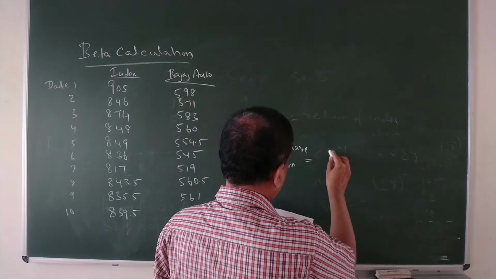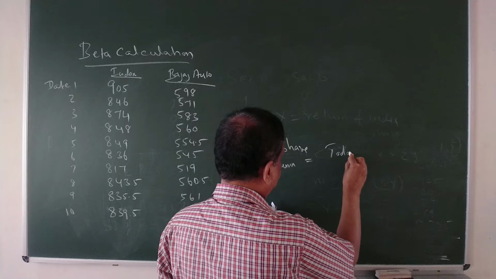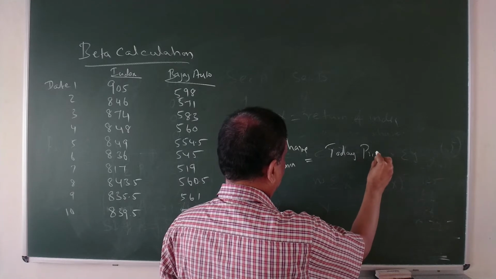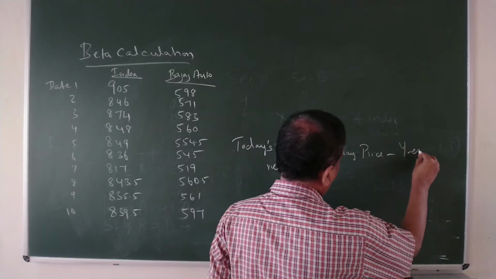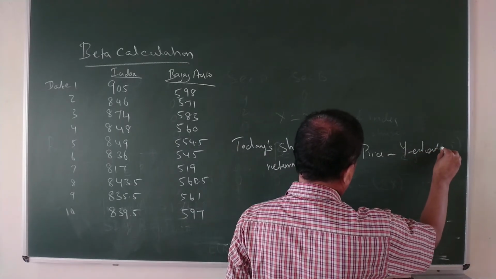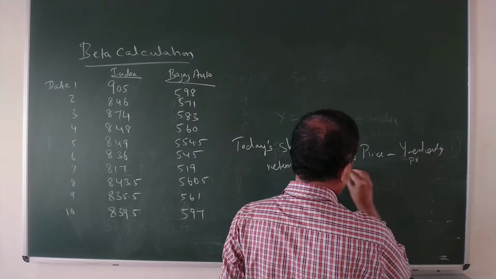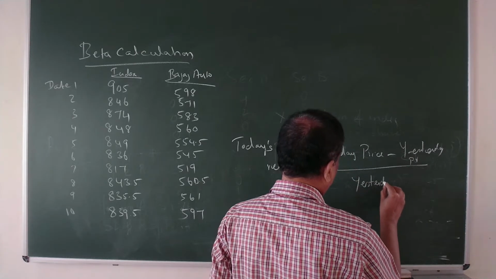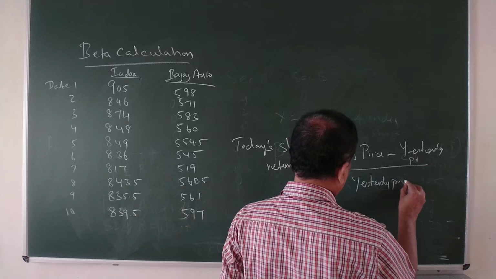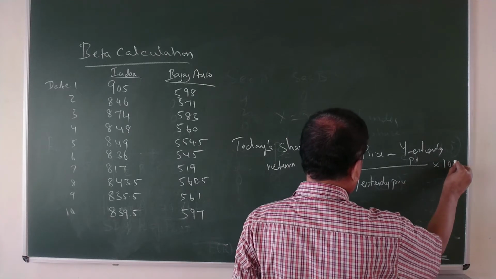That will be today's price minus yesterday's price divided by yesterday's price into 100.